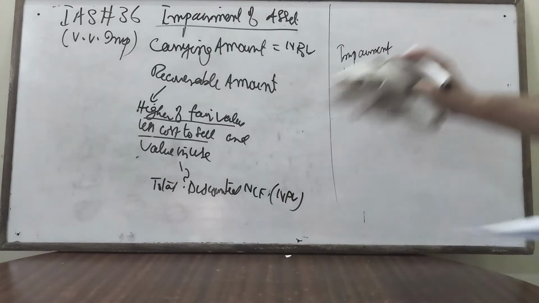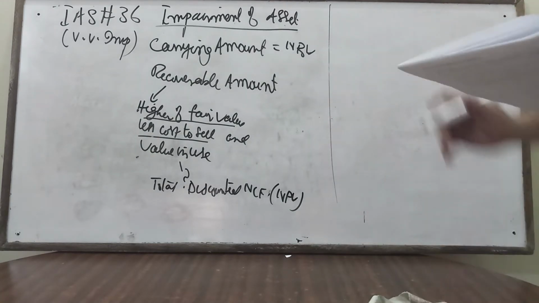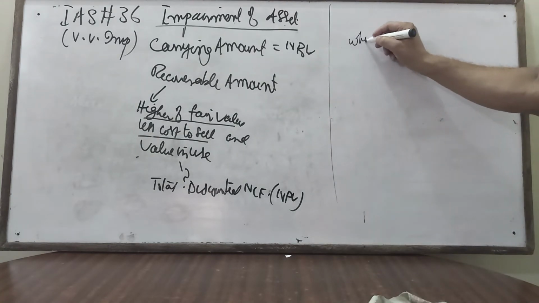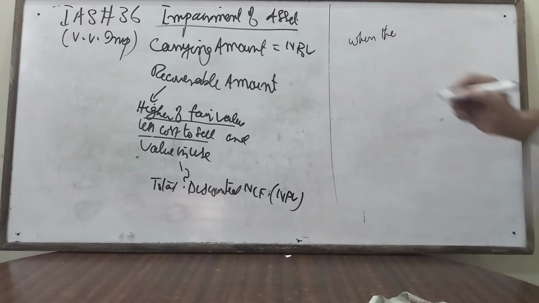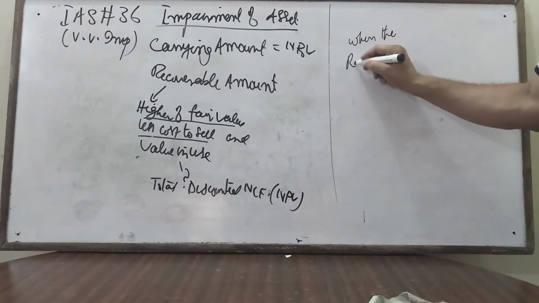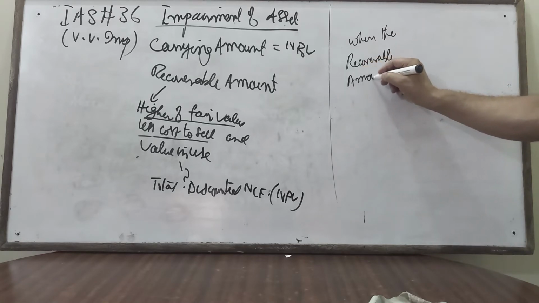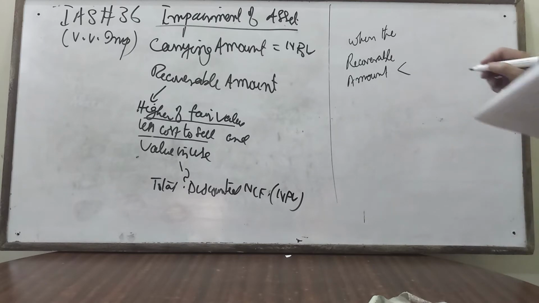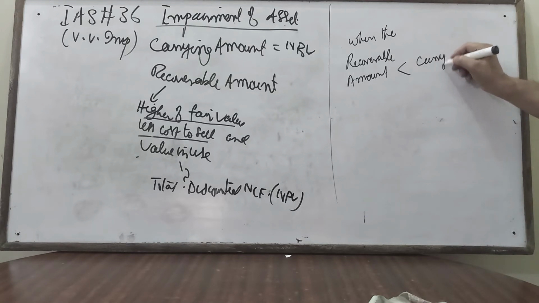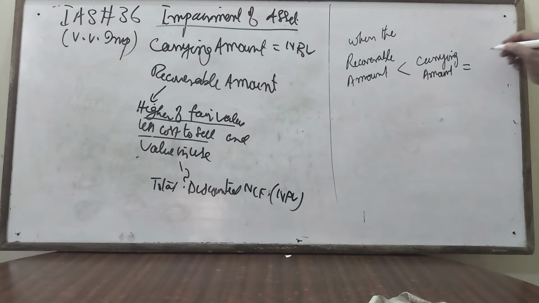That is, an impairment loss arises when the recoverable amount is less than the carrying amount.